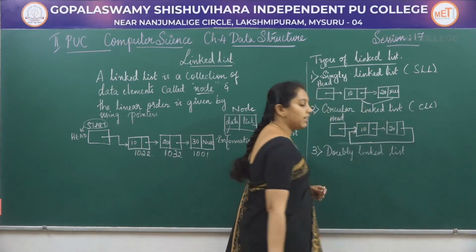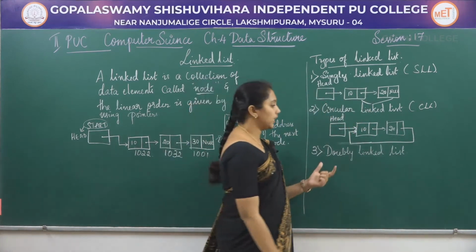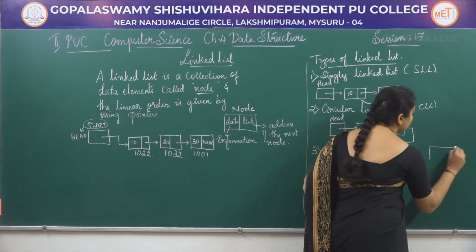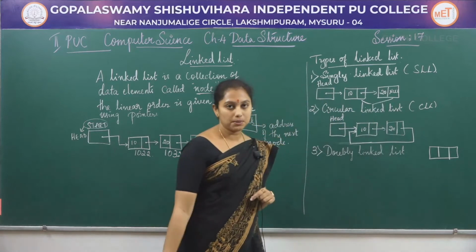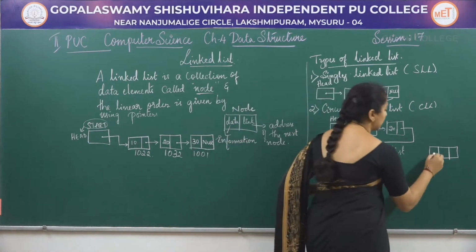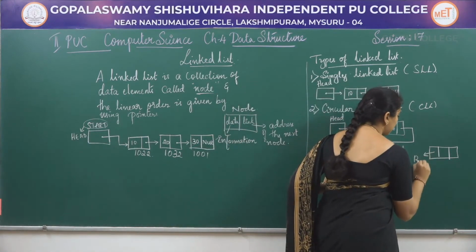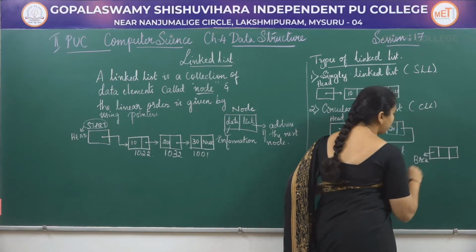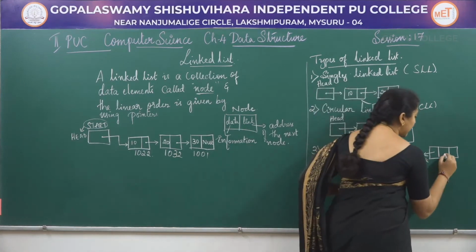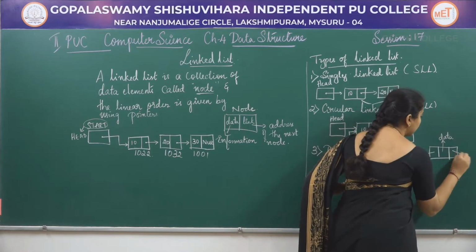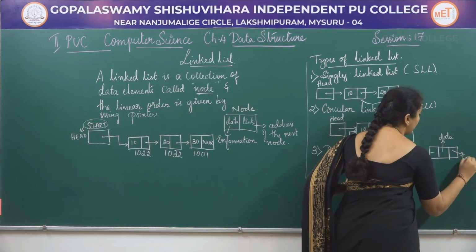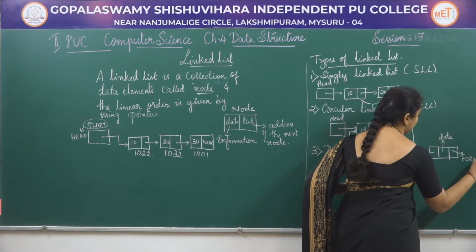So in a doubly linked list, a node contains three parts. The first part is the back pointer, the second is the data part, and the third is the forward pointer.